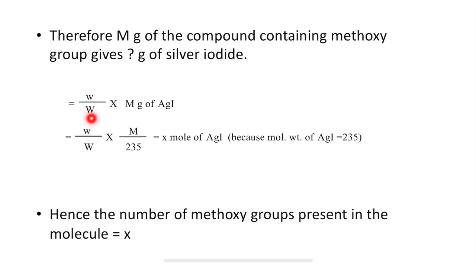Cross multiplying, this is small w divided by capital W into m grams of silver iodide.